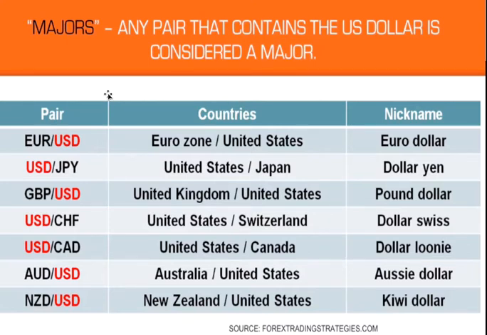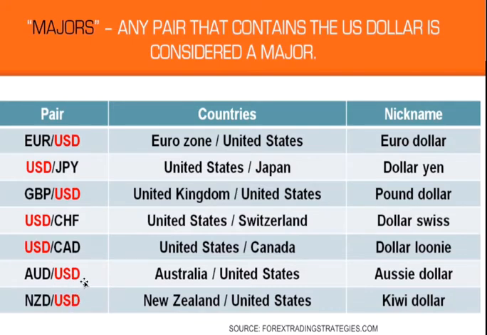Any pair that contains the US dollar is considered a major pair. These are the pairs that come from the major economies of the world, and the US dollar must be included. For instance, you have Euro USD, USD JPY, USD CHF, which is Swiss franc, USD CAD, which is Canadian dollars, and then you have AUD USD, NZD USD.